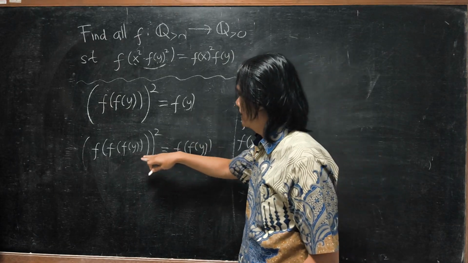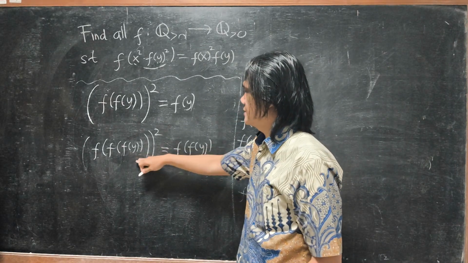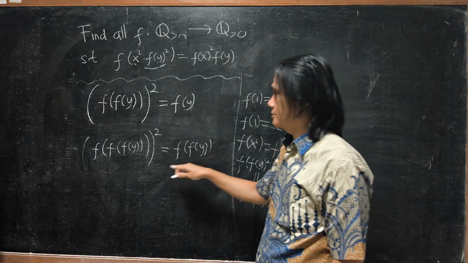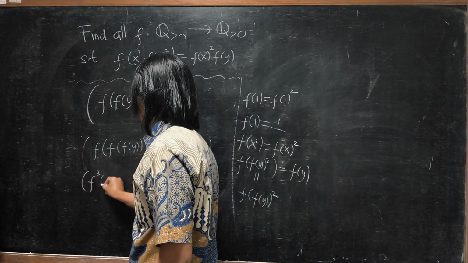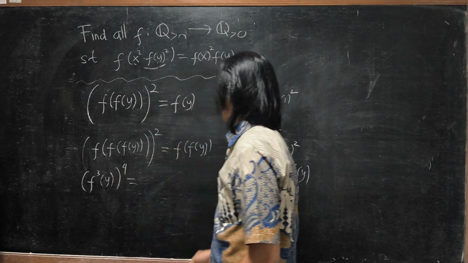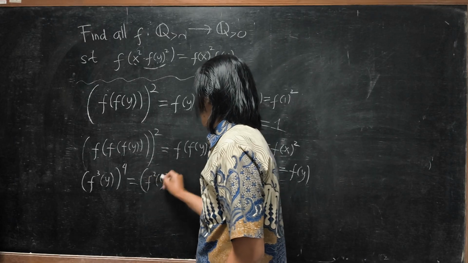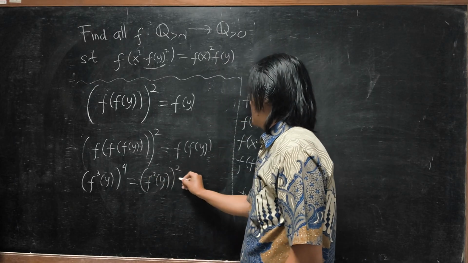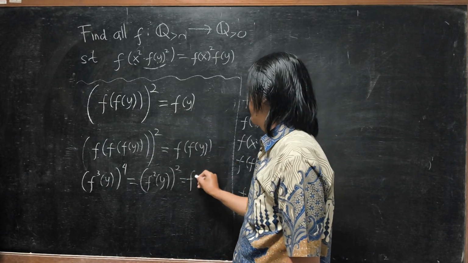So let's square both sides of this equation. What do we get? f cubed of y to the fourth is equal to f squared of y squared, which again equals f of y.